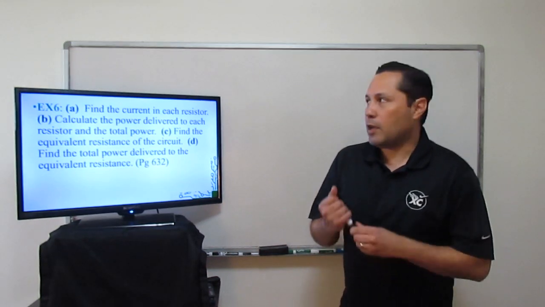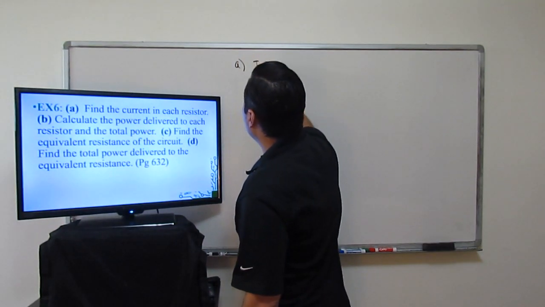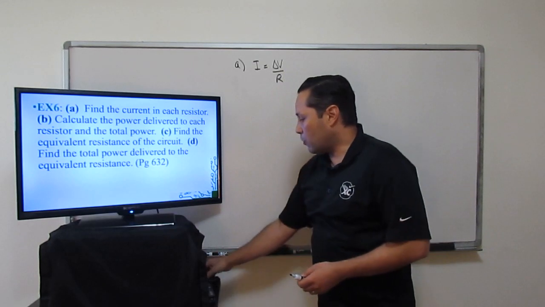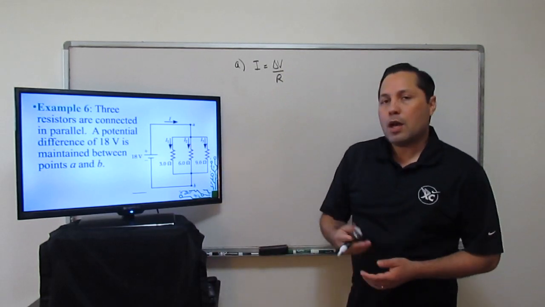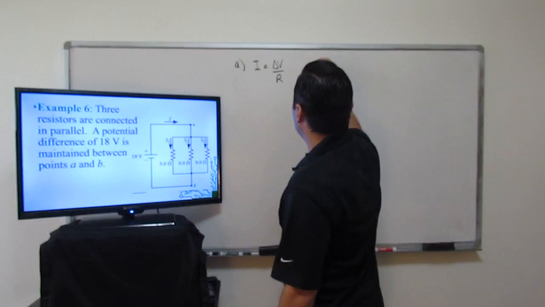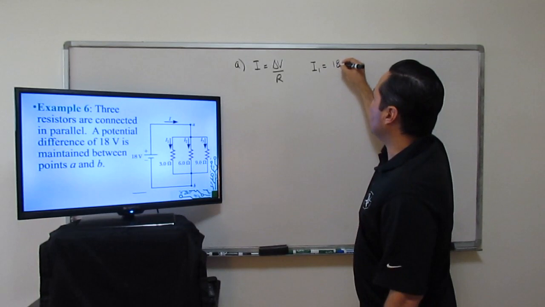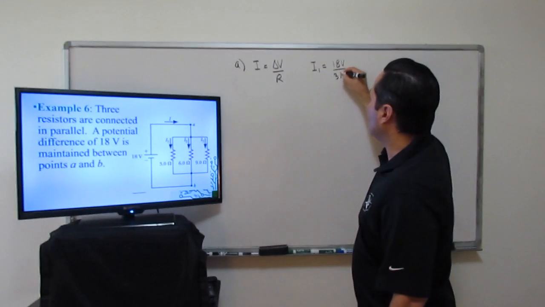So for part A, we're going to use the following formula: the current is equal to the potential difference over the resistance. For each one of those, we're going to solve for resistor 1, 2, and 3 and plug them in as such. So for current number 1, it's going to be the potential difference of 18 volts over our resistor, which is 3 ohms.